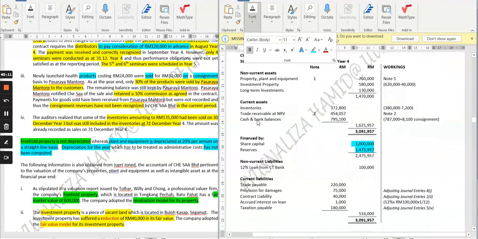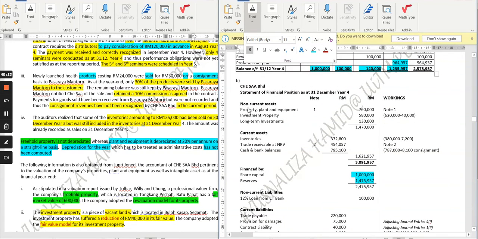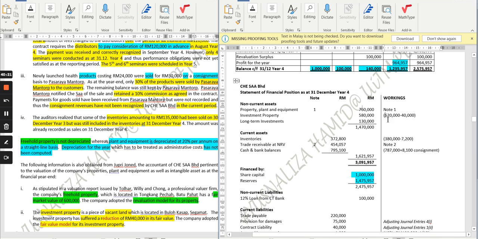Next, you have your non-current asset, your PPE, we will work it out later. The investment property, the carrying amount earlier was 620, but there was this fair value loss.